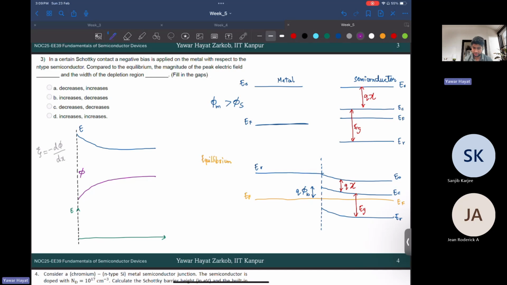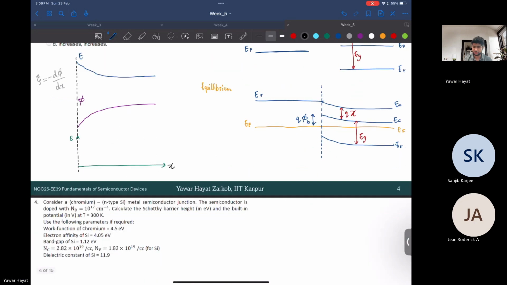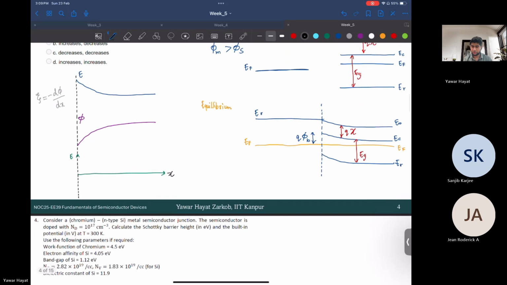This was phi, and this is over x. So from this relation, this would be my electric field.